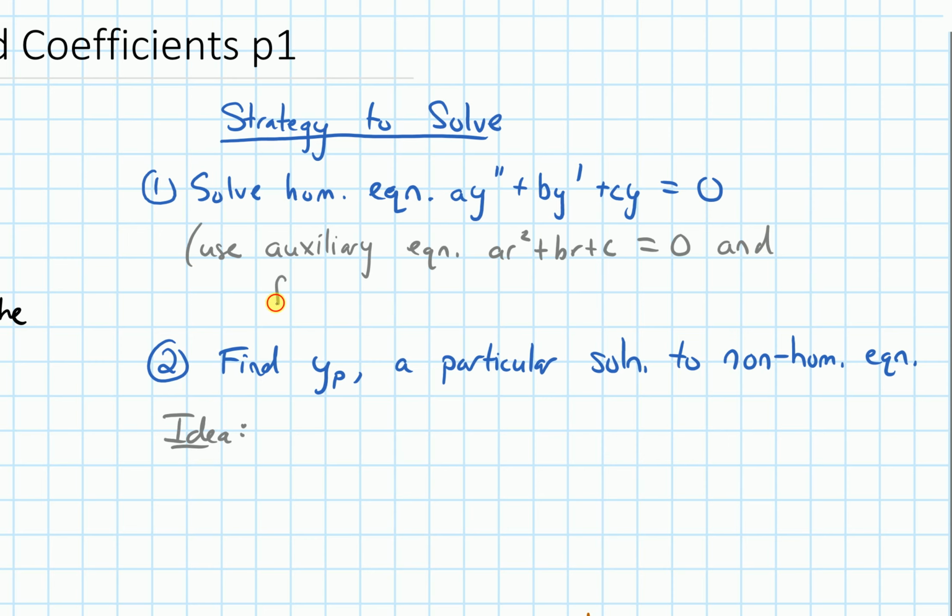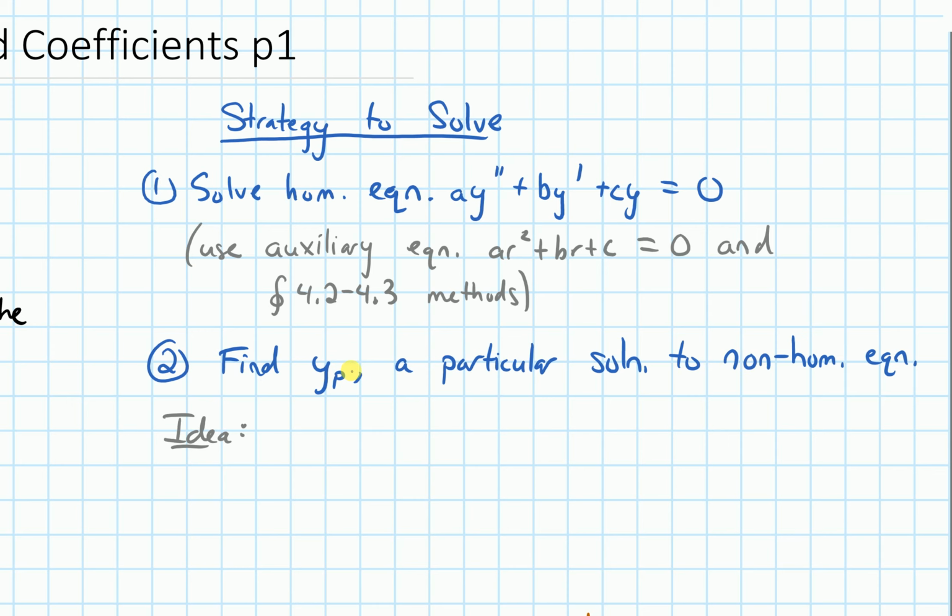And then we use our methods from sections 4.2 and 4.3, where we talked about how to solve homogeneous second-order ODEs like this. So after we solve that homogeneous equation, then step 2 is we find y sub p, a particular solution to the non-homogeneous equation.